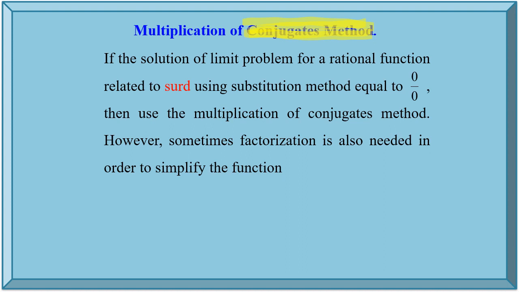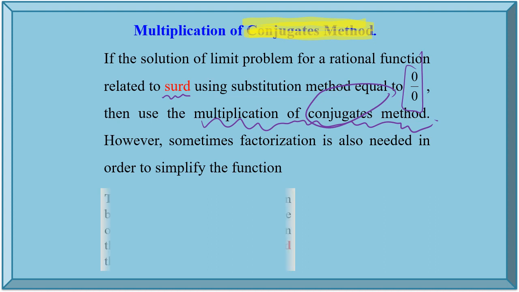If the solution of the limit for a rational function related to a surd using the substitution method equals 0 over 0, then use the multiplication of conjugate method. However, sometimes factorization is also needed in order to simplify the function. So it depends. We might use conjugate only or we have to use both methods.